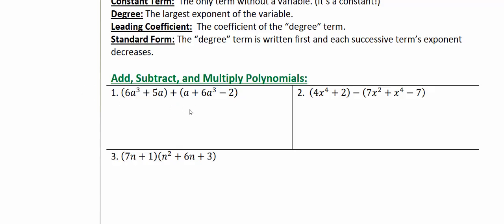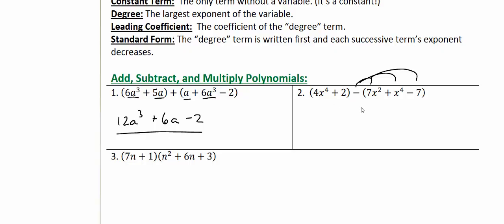All right, add, subtract, and multiply polynomials. So addition, I'm going to go through these real quick because I'm not going to spend too much time on them. So 6a to the third plus 6a to the third, 12a to the third. 5a plus a is 6a, minus 2. That's your answer. This one here, we need to distribute the negative.